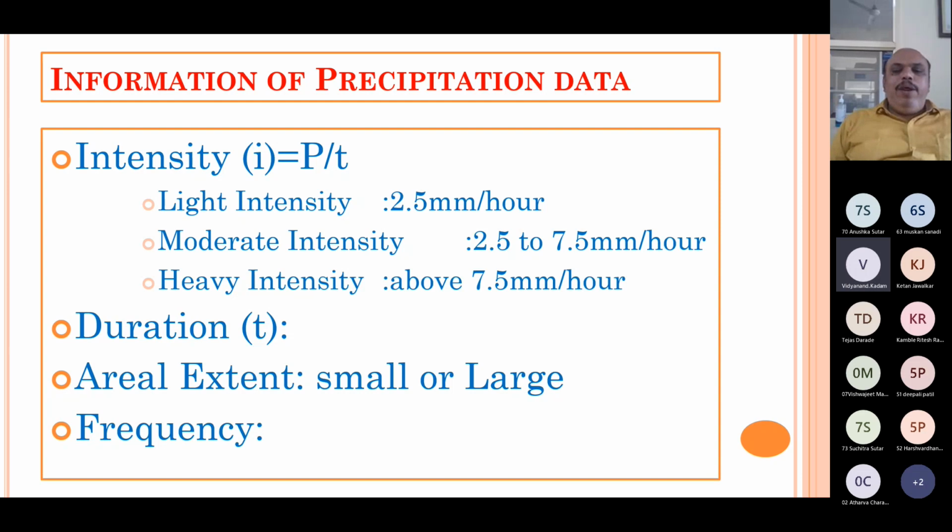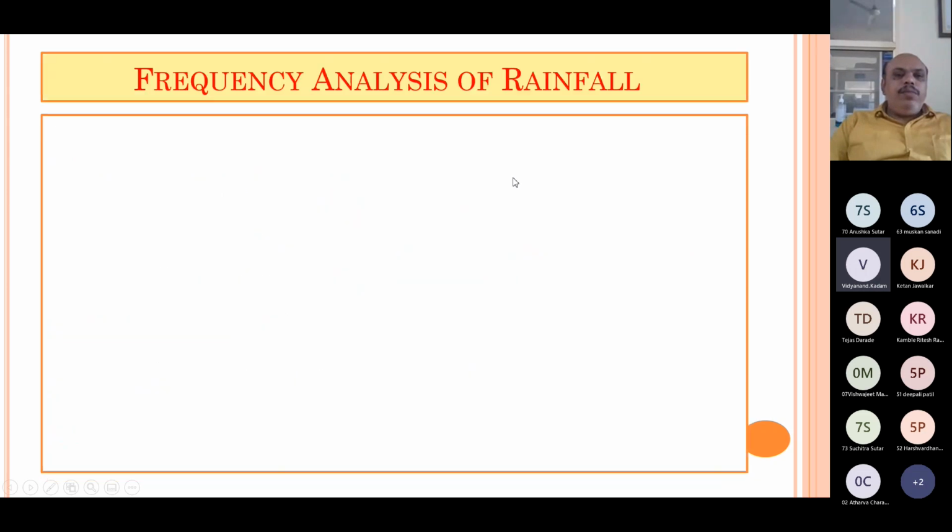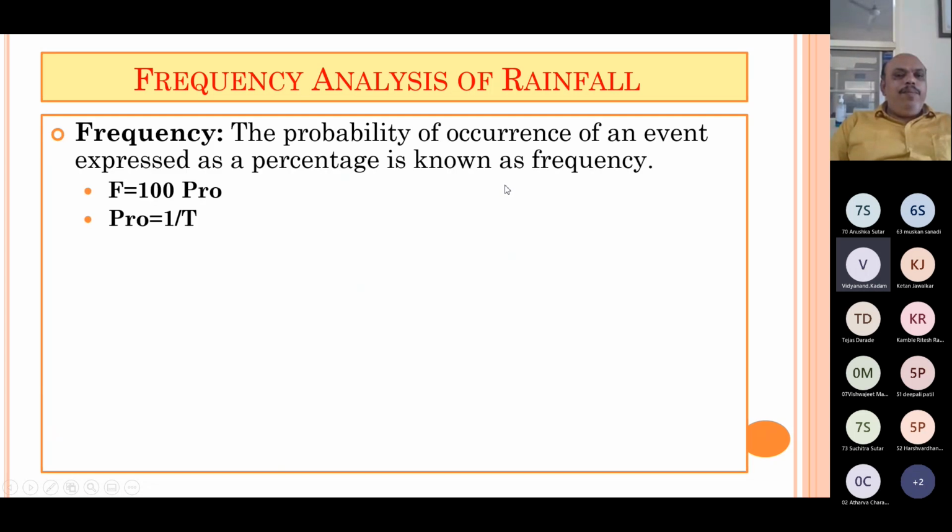If the frequency of rainfall is known to us, then from that it is possible to predict the maximum probable precipitation value. That value is generally used for design of storm projects. So now we will discuss the frequency analysis of rainfall.